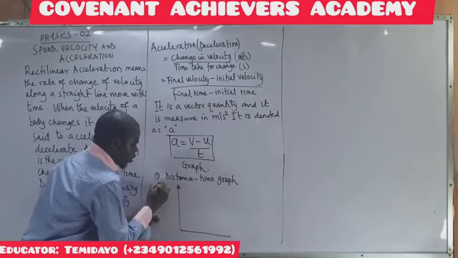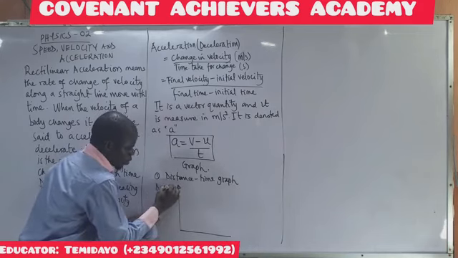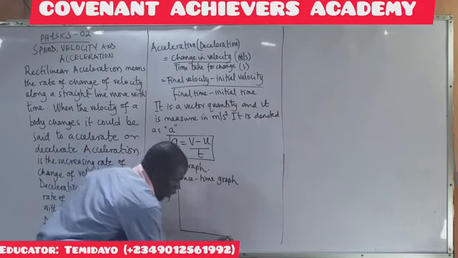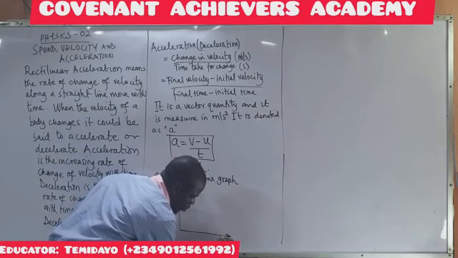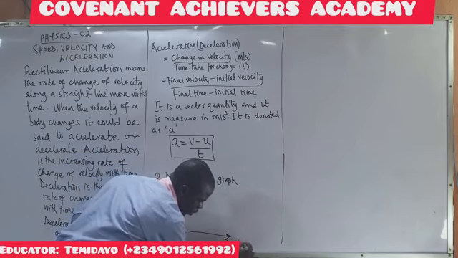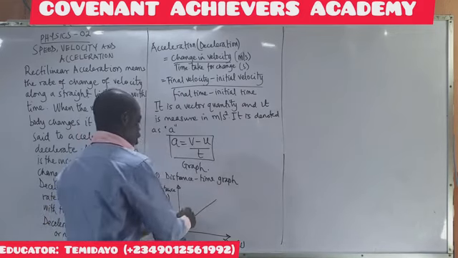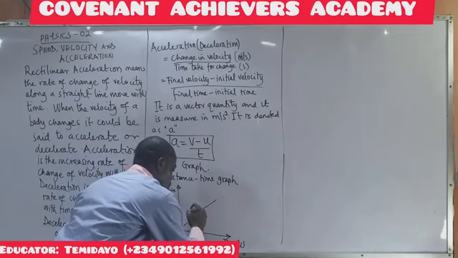Here you are having distance in meter, and you are having time in seconds. So when you plot a graph of distance against time, you are having this as the slope.